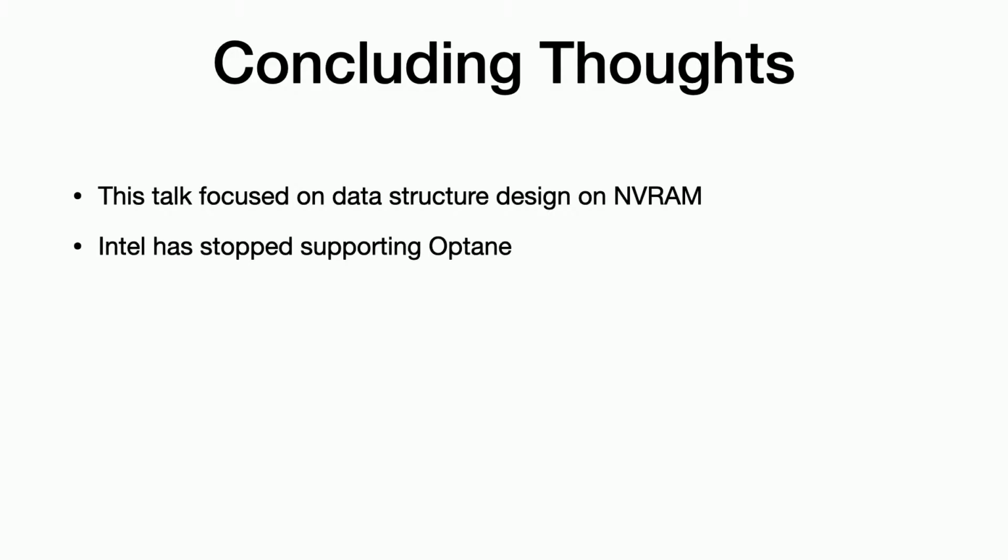Like I said at the beginning of the talk, NVRAM itself actually isn't supported by Intel anymore. There are other emerging technologies that can give you somewhat of a similar interface. So for example, CXL sort of allows you to access the memory of different nodes or different machines in a transparent way.